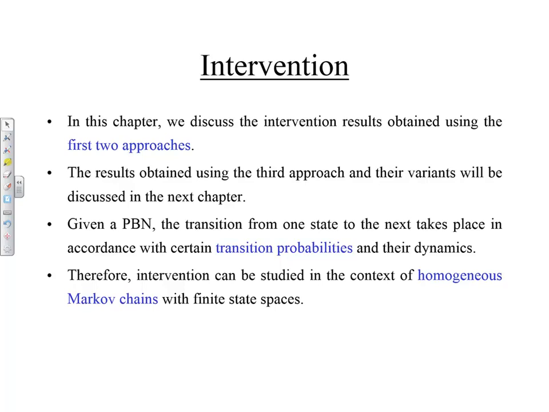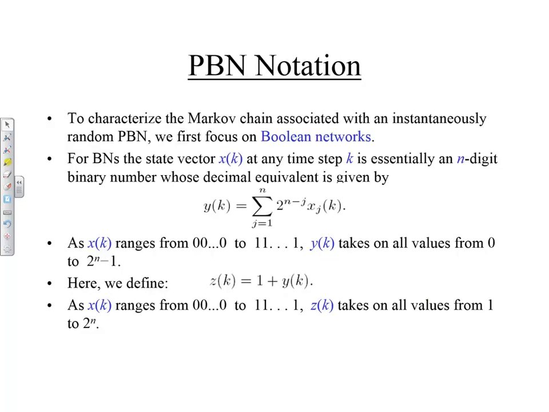But once you have these transition probabilities, it's a network that has a certain probability of transitioning from one state to the other. So then it becomes basically a homogeneous Markov chain with a finite state space, and you can use all kinds of results that have been available for 30, 40, 50 years. So let's see how the PBN could be put in the form of a Markov chain.